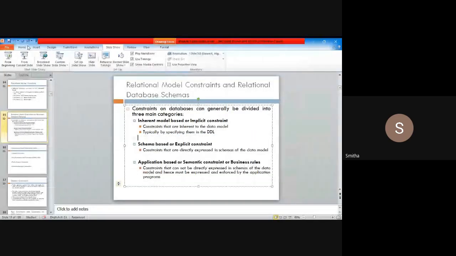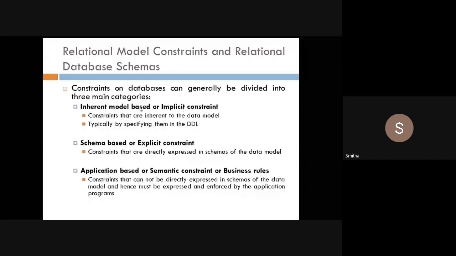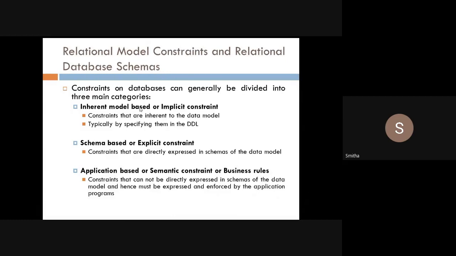So under the first type, inherent model based or implicit constraints, these are constraints that are inherent to the data model. We know that in order to describe the schema, we will use data definition languages. We have seen different types of languages, right?